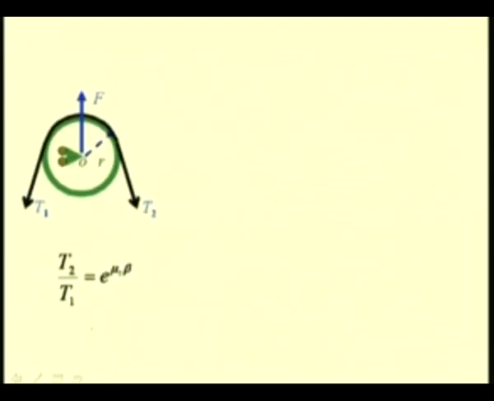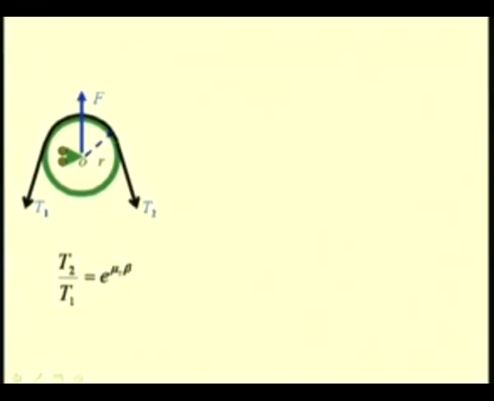Let us consider here the pulley and the tensions in the tight side, which is T2, and the slack side, which is T1, and the force F that is available as the normal reaction at this point O. Generally, in the pulley drives, one of the pulleys is movable and it can be fixed so that the required tension in the belts can be developed.